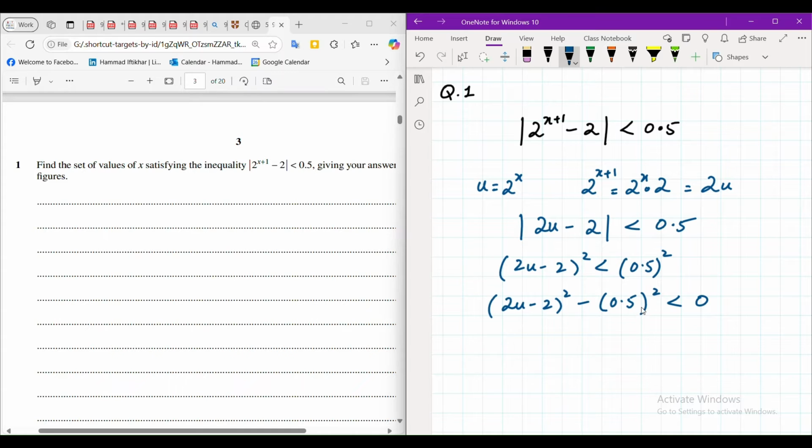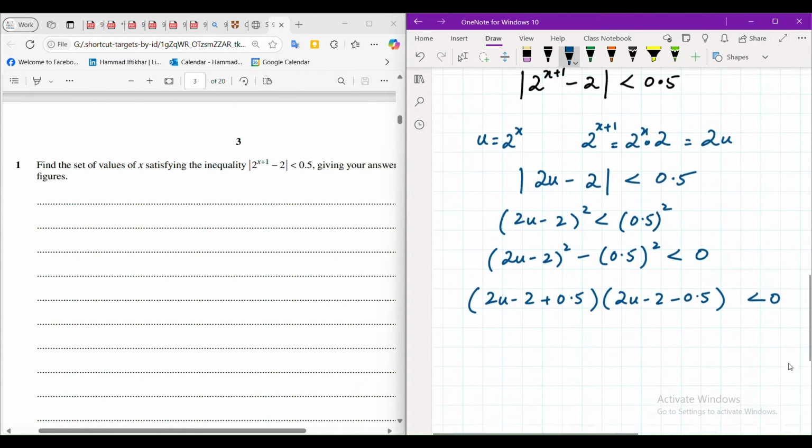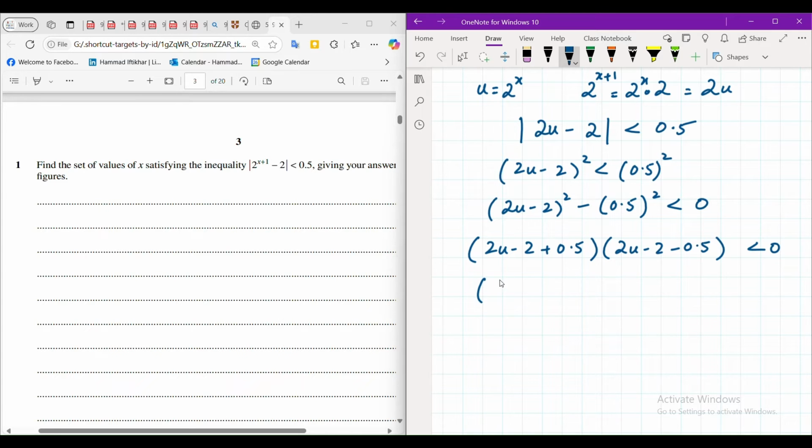So we add them and multiply with the difference: 2u minus 2 plus 0.5, multiplied by 2u minus 2 minus 0.5, so this becomes 2u minus 1.5, and the other one would be 2u minus 2.5, less than 0.